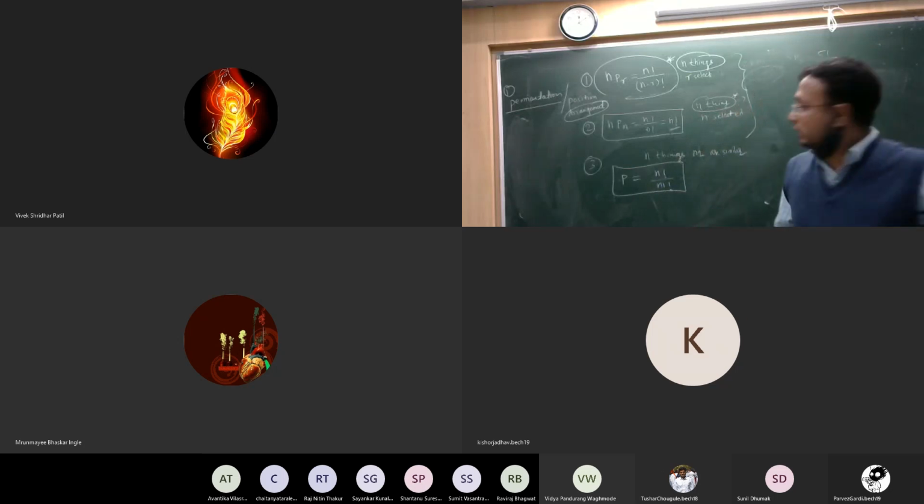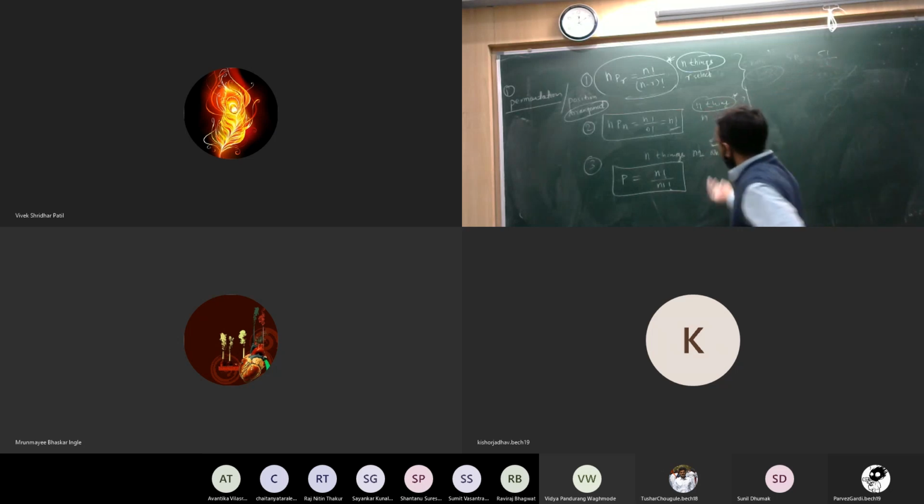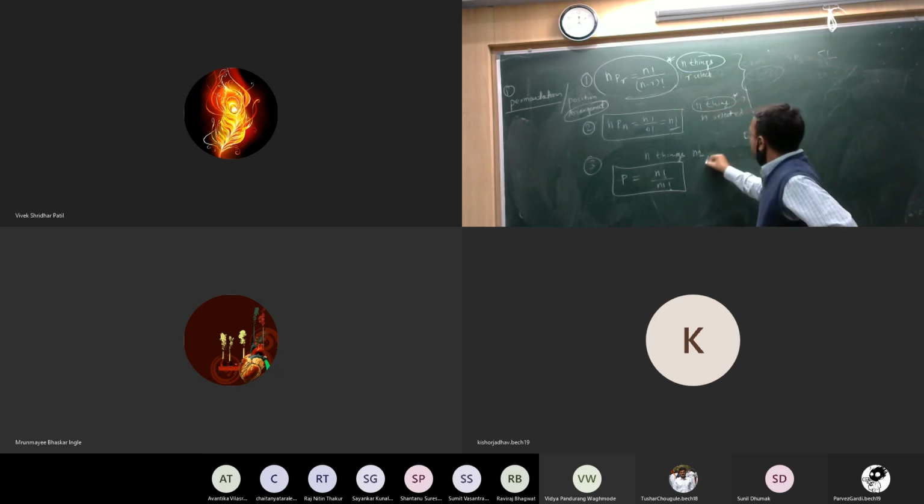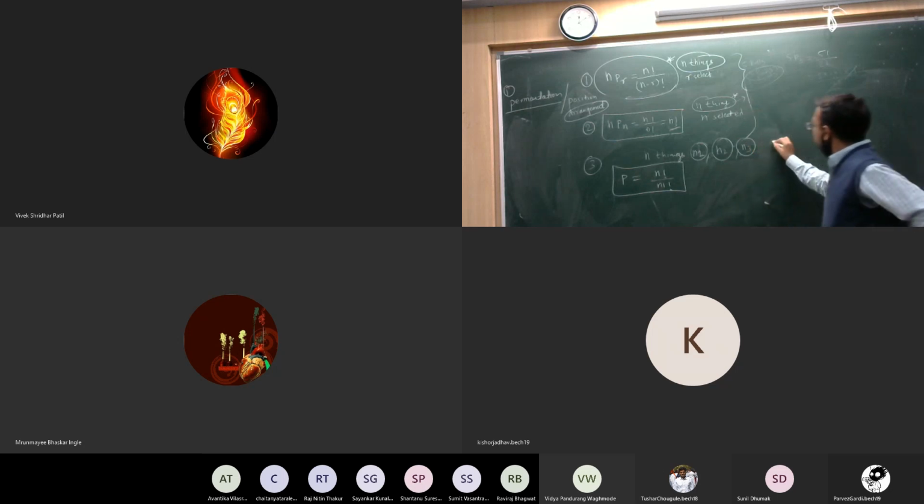Suppose n1 is a certain distinct group, n2 is another distinct group, and n3 is another distinct group, so that n is n1 plus n2 plus n3.